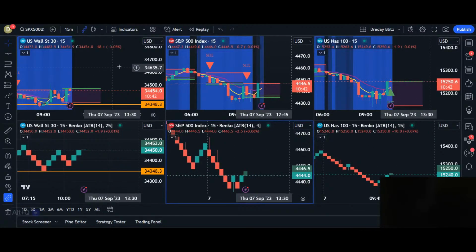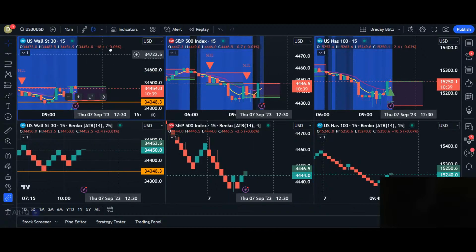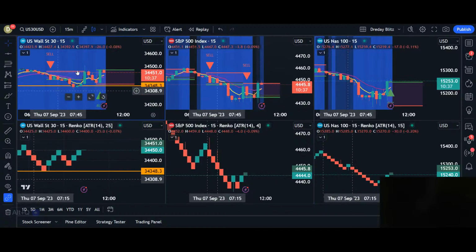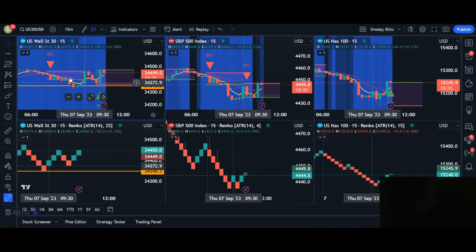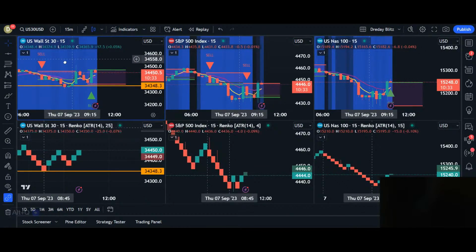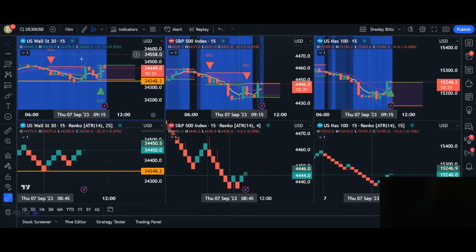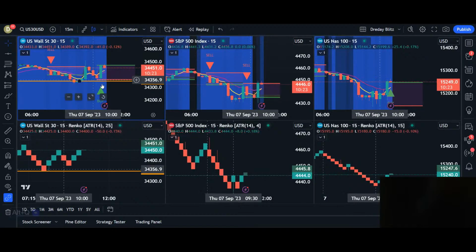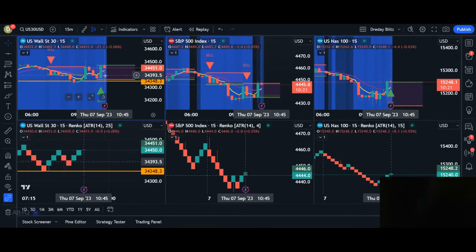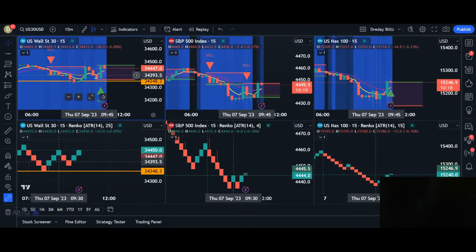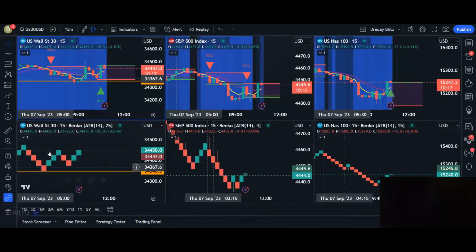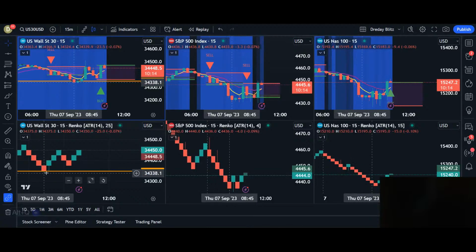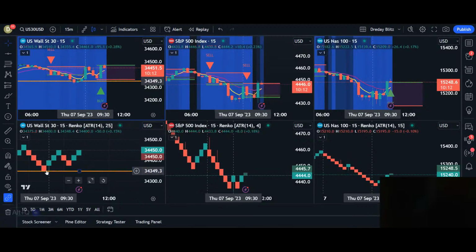For the same example here on US 30, I think we were not here at the beginning when my session started at 9:30. So at 9:30 we had a buy here, and then it went down for about 45 minutes. But I didn't care that it was going down. Why? Because my stop loss was put on the previous swing like this.